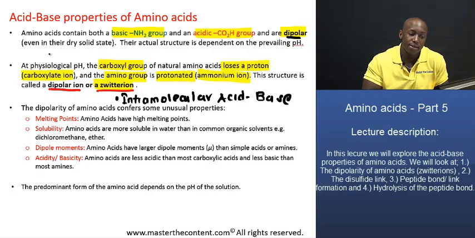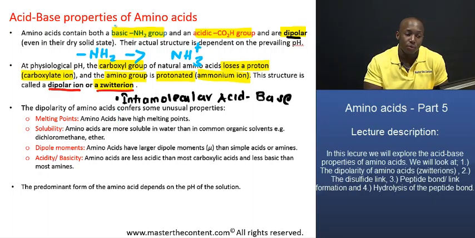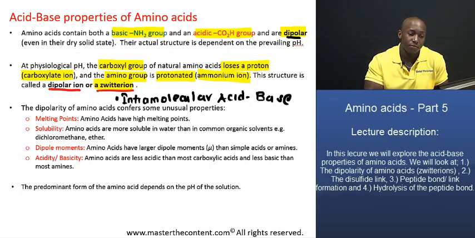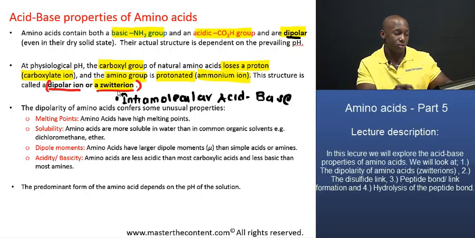Okay, because on one end we have our carboxyl group losing a proton to form that negatively charged species, and on the other end, we have our amino group gaining a proton to form that positively charged species, an ammonium ion. So it pretty much resembles an intramolecular acid-base reaction, and it results in the formation of a dipolar ion or a zwitterion, which is a very unique structure.